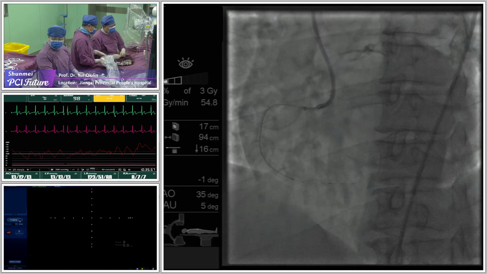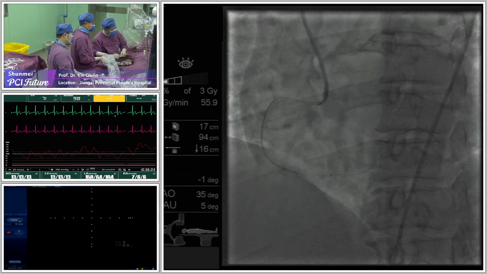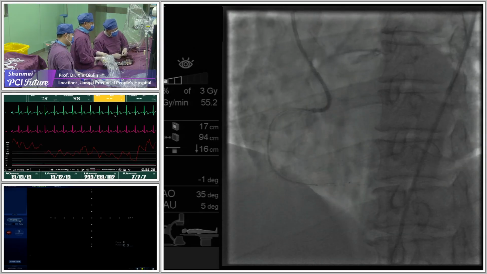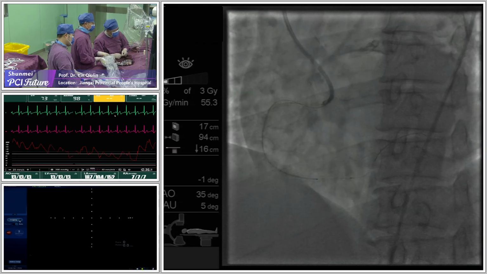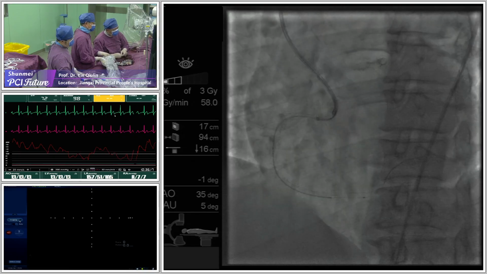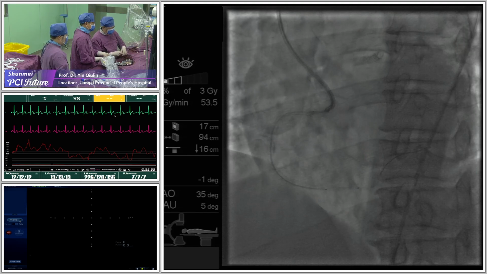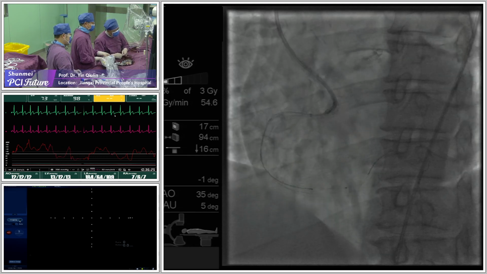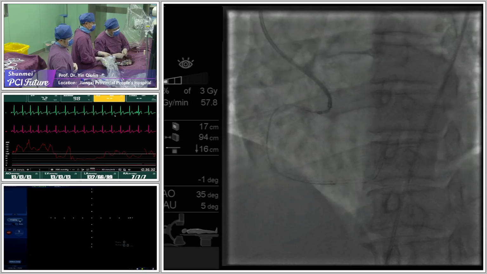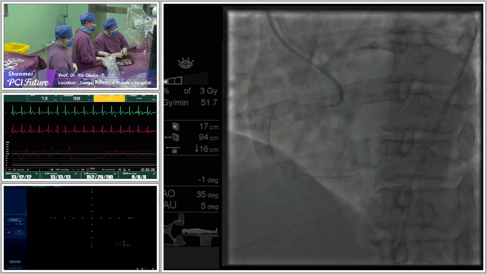The bifurcation lesions accounted for 18.4% of total lesions. The bifurcation intervention accounted for almost 21% of the total PCI procedures. The distribution of bifurcation lesions is interesting because we can see almost 90% of left main lesions are bifurcation.